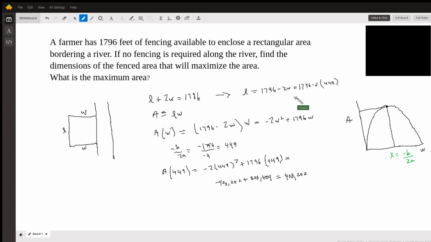So the length is going to be, let me do this on the calculator, 1796 minus 2 times 449, 898. And if you like, we can go mark this on the diagram. It's always nice to get that visual going for you. And the width we found is 449.